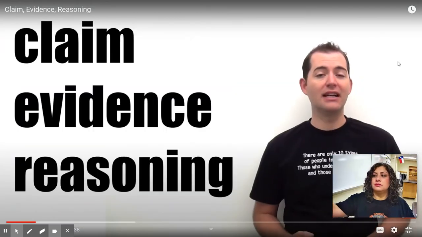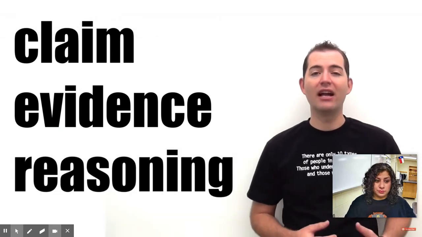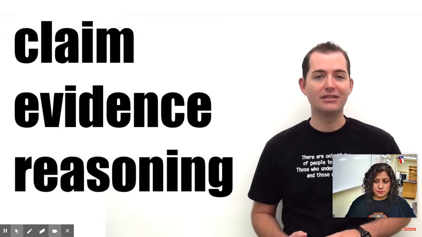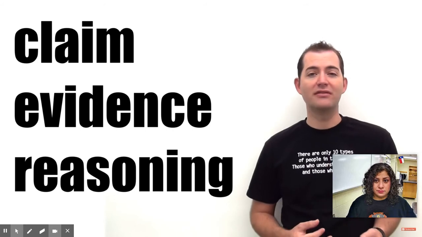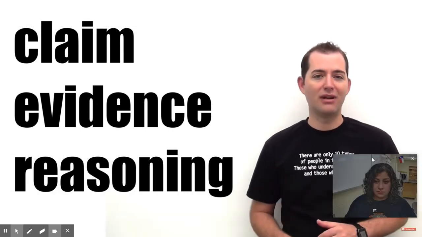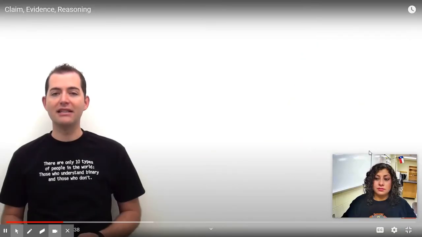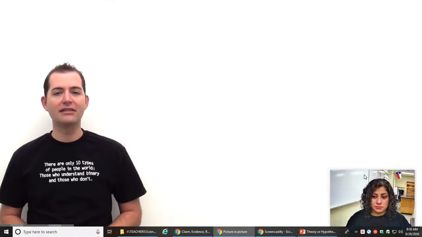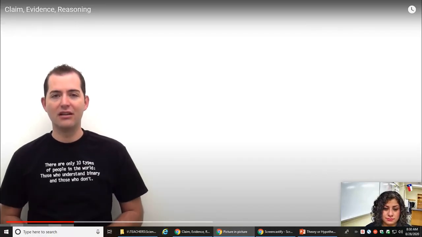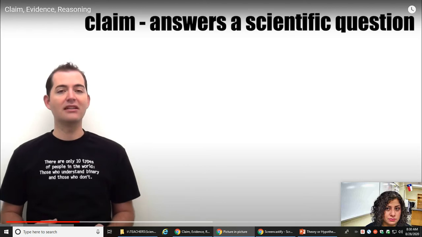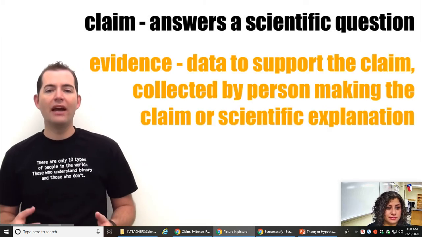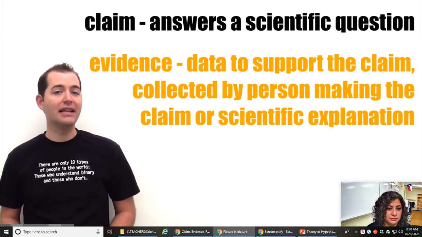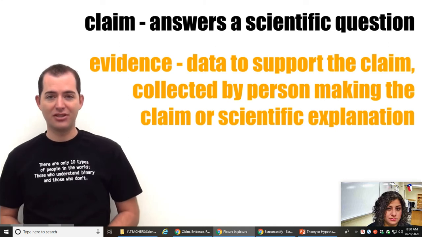Claim evidence reasoning is a method of organizing scientific evidence and explanation, and it approaches the ultimate goal of science, to help explain the world around us. Claim evidence reasoning, or C.E.R., has three main components to it. The first is the claim, which answers a scientific question. Evidence uses data to support the claim or the answer to the scientific question.